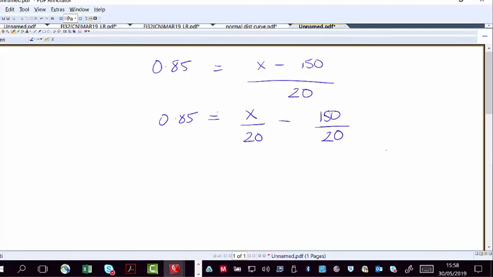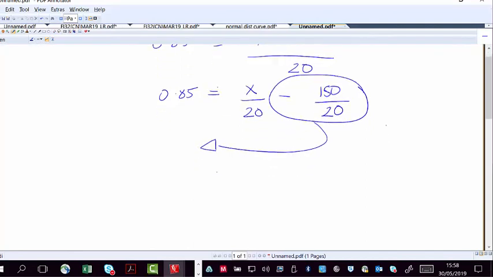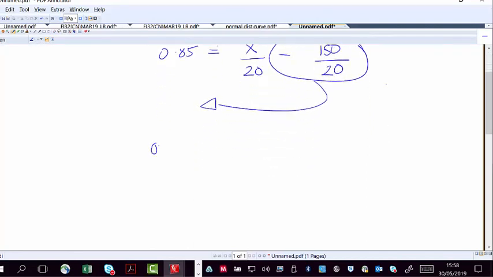So the first thing that I'm going to do is I'm going to add 150 over 20 to both sides. Yep, or in other words, I'm going to take this over to the other side. So I'm going to say 0.85 plus 150 over 20 is equal to X over 20.